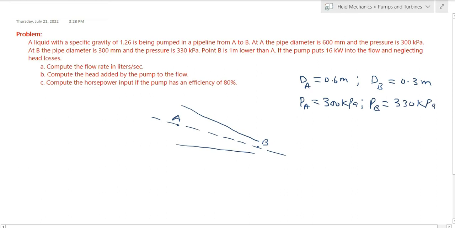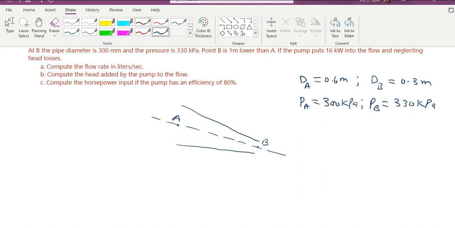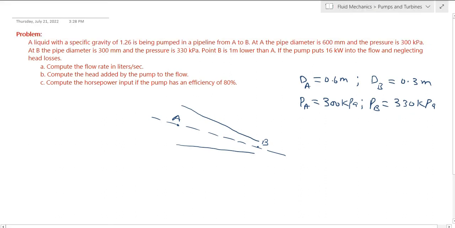Okay, now the difference between, let me draw the datum line. If I draw the datum line passing through B, okay, this is the datum line. Okay, assume it to be the straight line. This is the datum line.